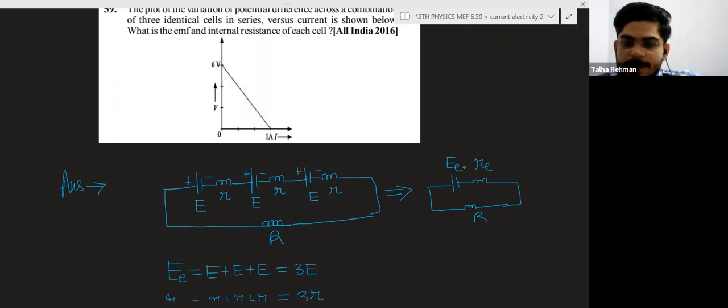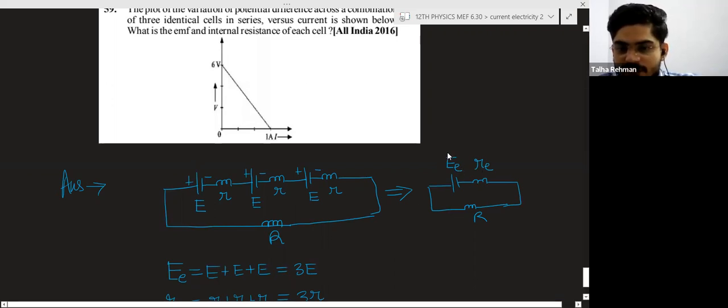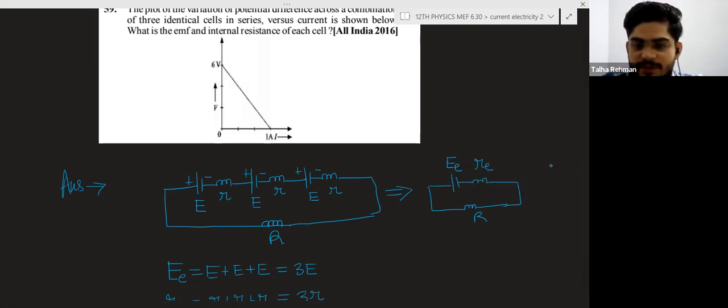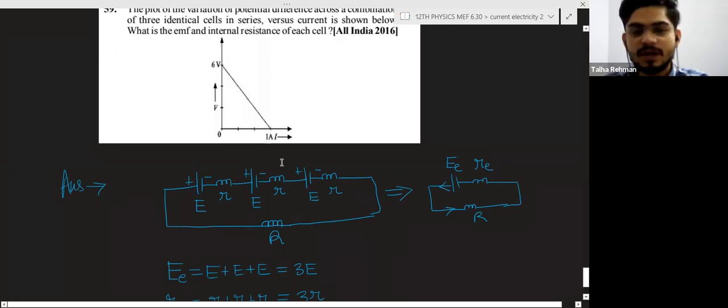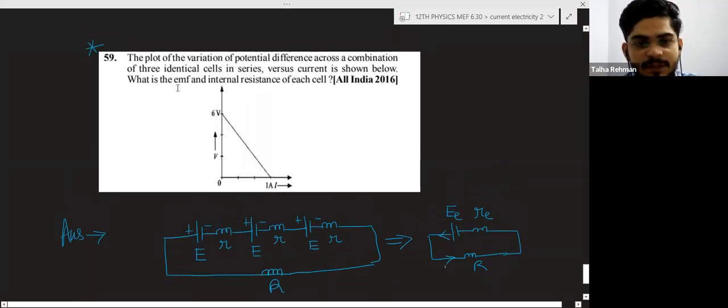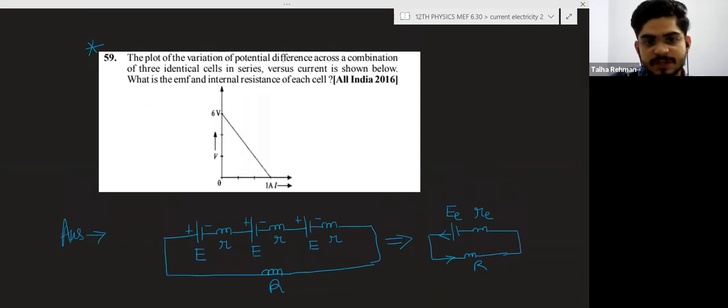Now just see this cell, and this cell is in the working condition. Always, if not given, just consider the cell is in the working condition. And one thing more I want to clear here: they are saying there is a potential difference, and they are not talking about the maximum potential difference.